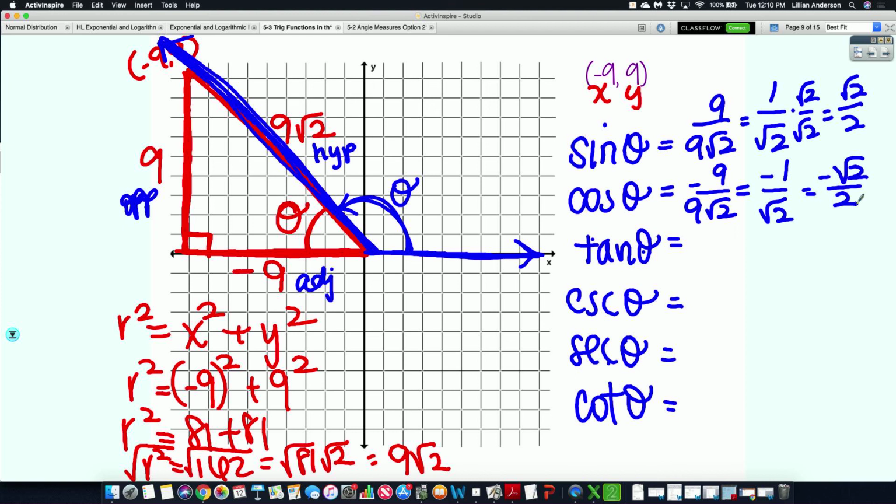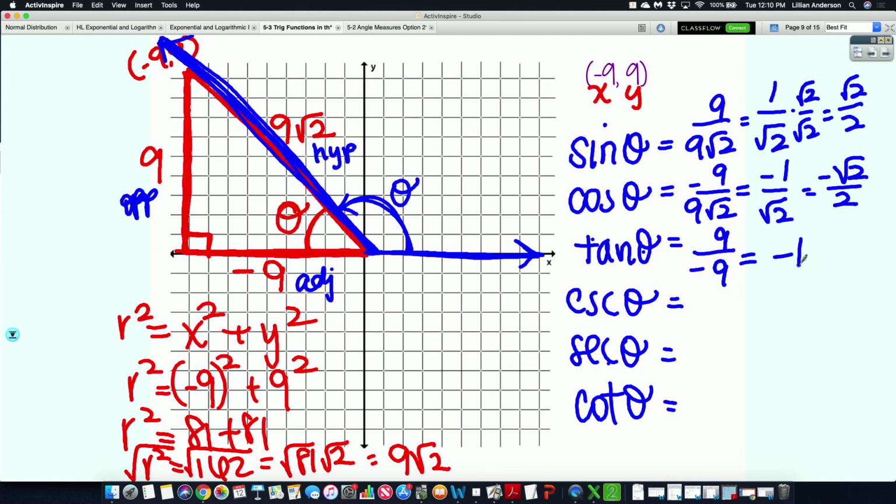Does anybody actually need to do the rationalization work? What about tangent? Tangent is what over what? Opposite over adjacent, so it's 9 over negative 9, which is just negative 1.